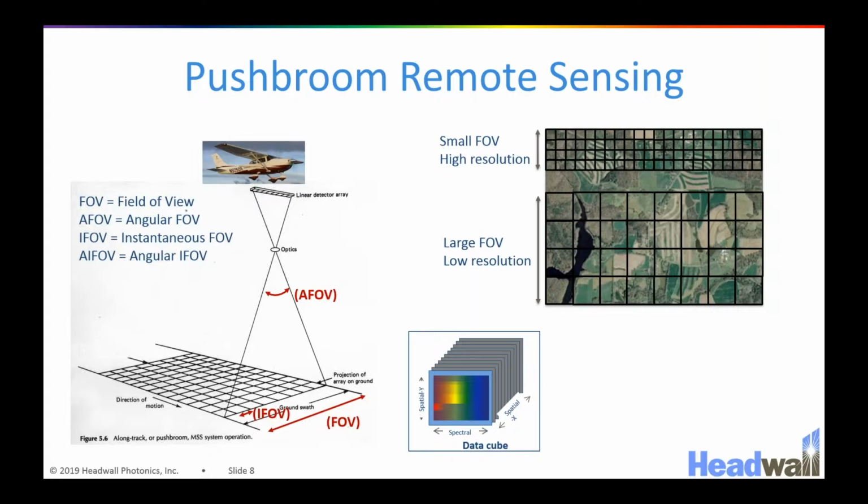If those bins are larger, you can cover a larger area. If those bins are smaller spatially, then you can get higher resolution. And so if you want to cover a lot of area, you will necessarily need to either sacrifice resolution or scan much longer. But if you want to have higher resolution, you'll have to sacrifice some of your swath width.